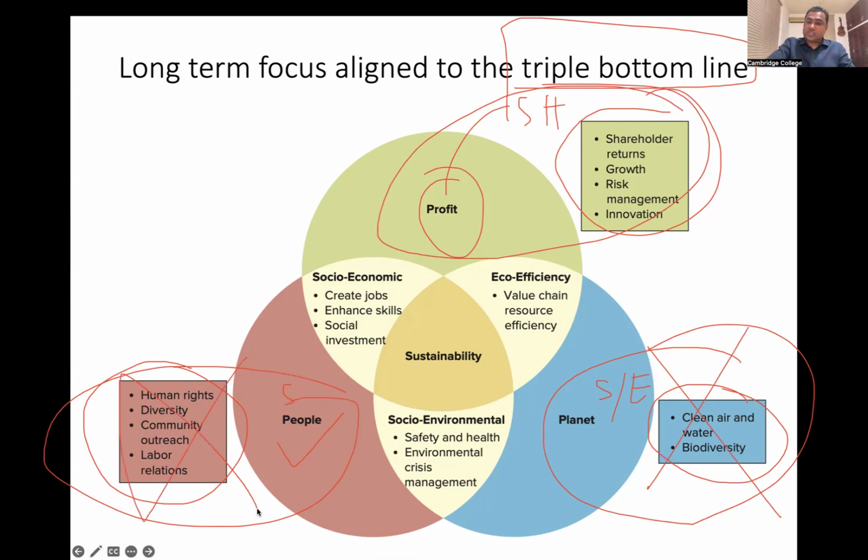Sustainability and social spending, planet related, environment related spending, the shareholders think they are not necessary. Why don't we spend that money on ads? Why don't we spend that money on digital to improve sales? Why are you wasting money here? So that is an important conversation.